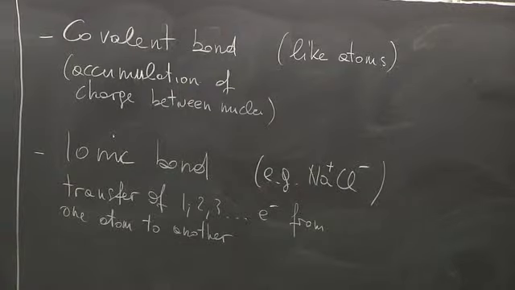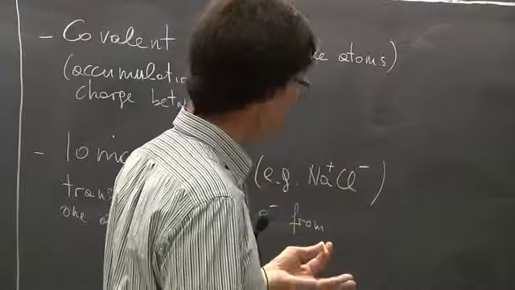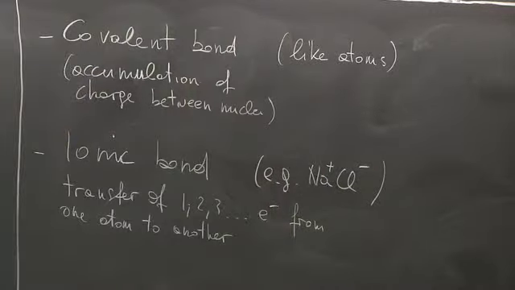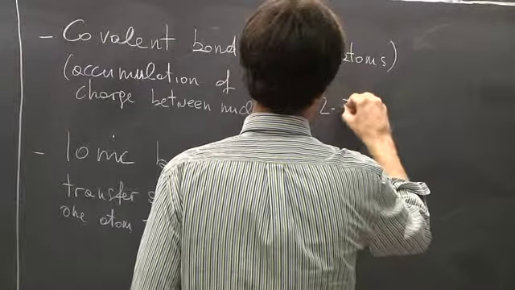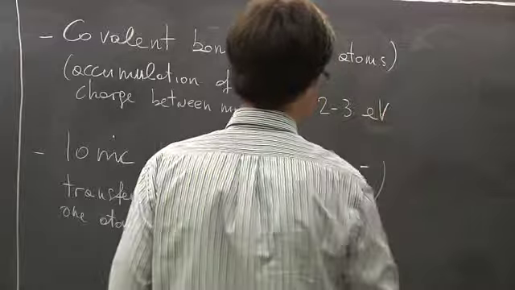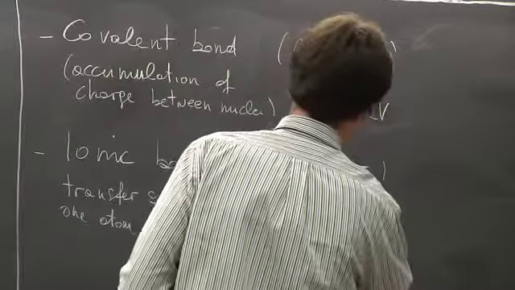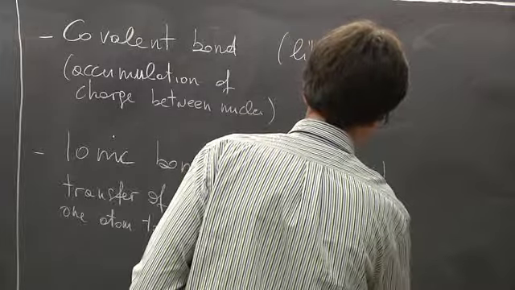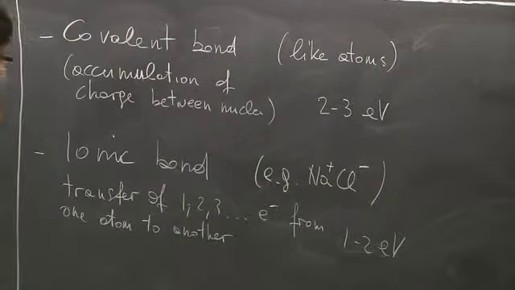By the way, in terms of the value of the energy gain by forming these bonds, we're typically talking about 2, 3 electron volts, and something also similar here, 2, 3 electron volts, probably a bit less here, 1, 2 electron volts in the case of the ionic bond, per pair of atoms.